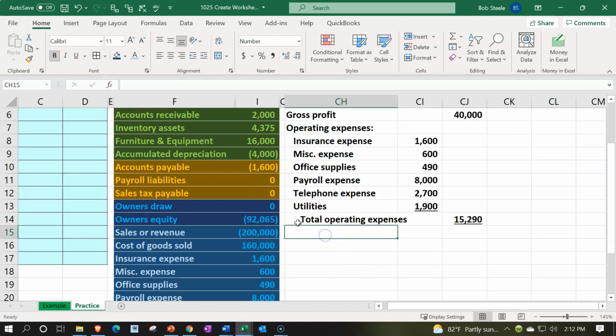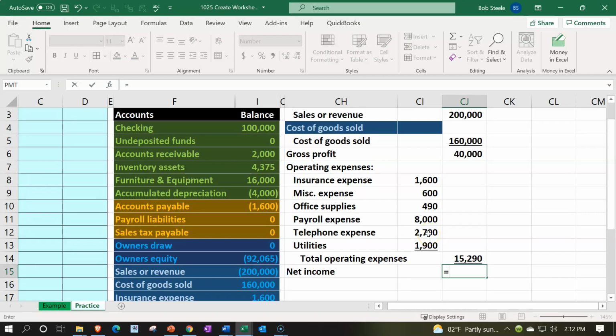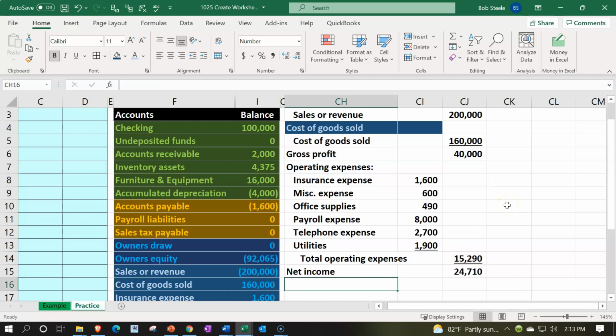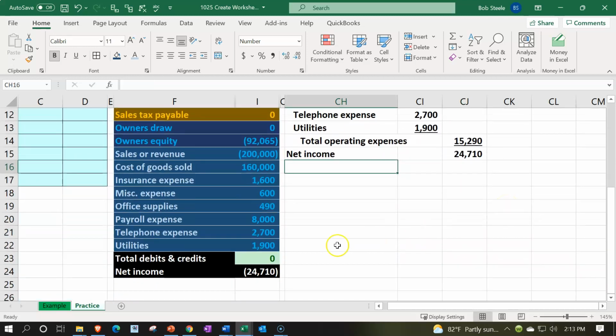That'll finally get us to the net income number, which will simply be the last subtotal, which is in the outer column, the 40,000, minus the 15.2, the operating expenses, getting us to that 24,007, which we could check with this number down here.